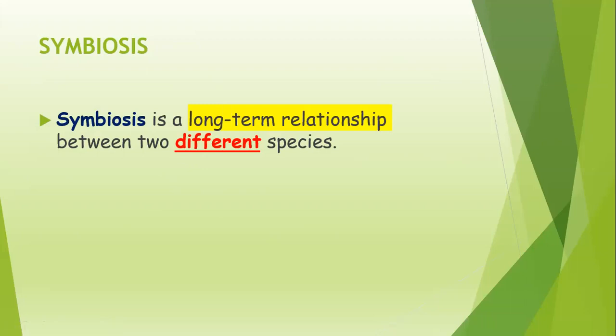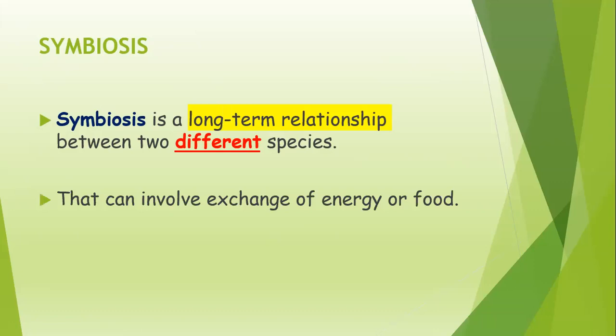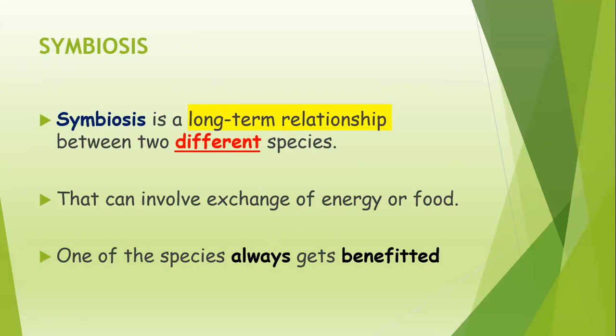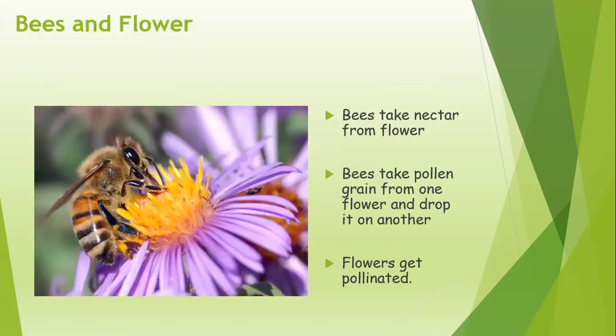Symbiosis is only a relationship which is long term and between two different species. Now, this relationship can involve exchange of energy or food. As I said before, one of the species always gets benefited. One of them must get the benefit.